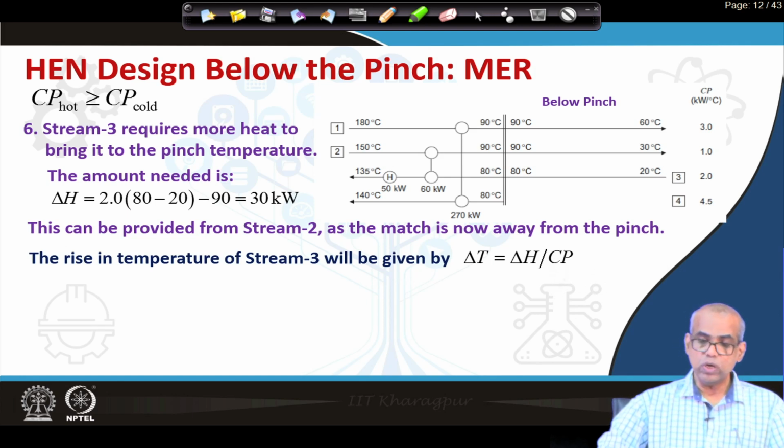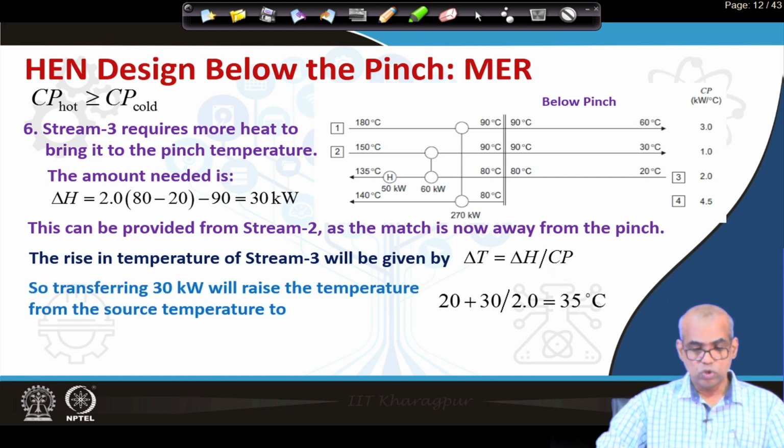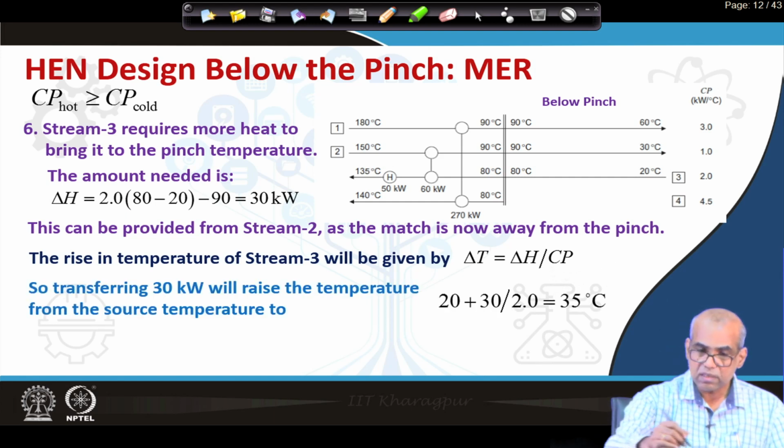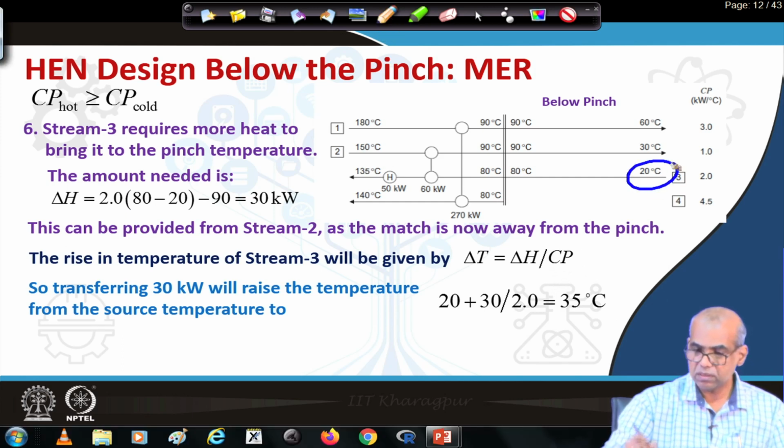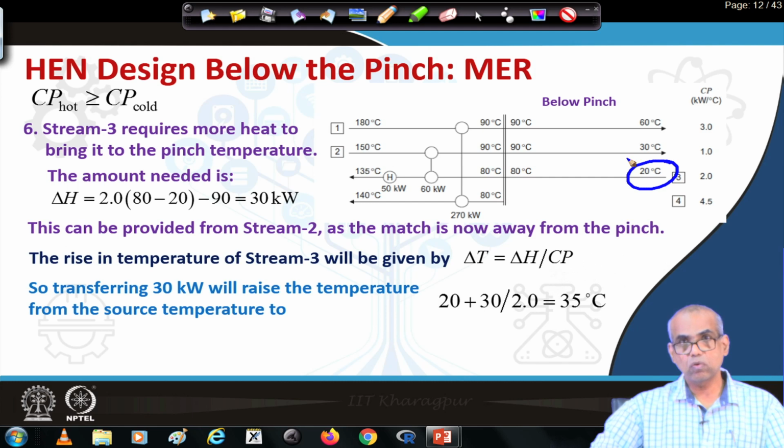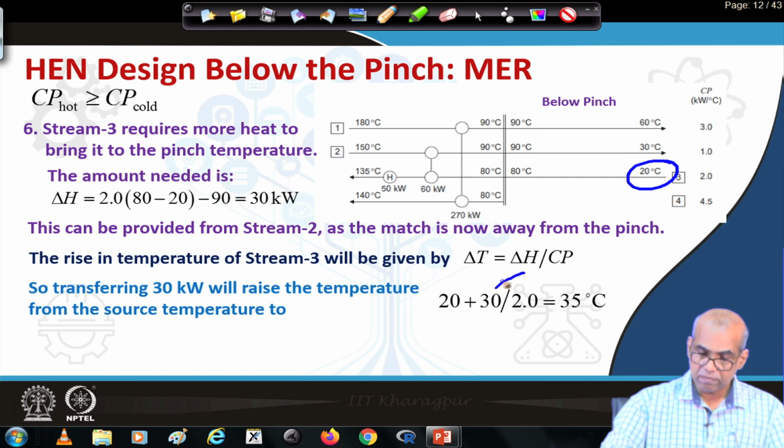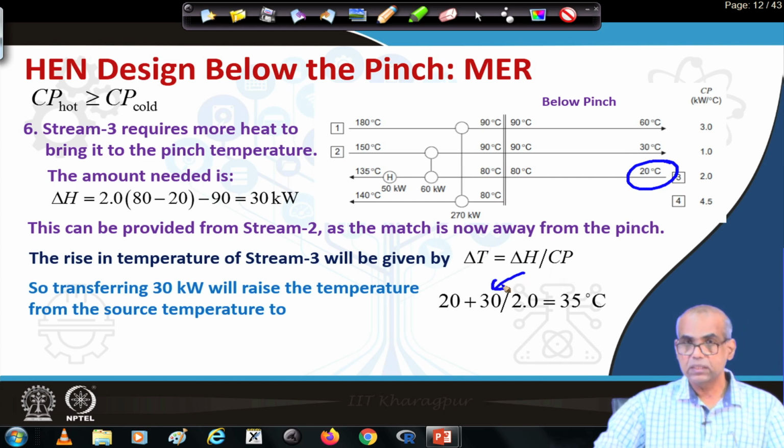So, stream 2 will provide the 30 kilowatt necessary heating to stream 3. For that, the temperature of stream 3 will increase by what? We can find out that delta T equals delta H by Cp. Initially it was 20 degrees Celsius, the supply temperature of cold stream number 3, and 30 kilowatt is being supplied by stream number 2.